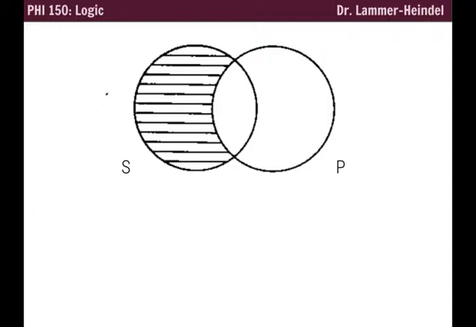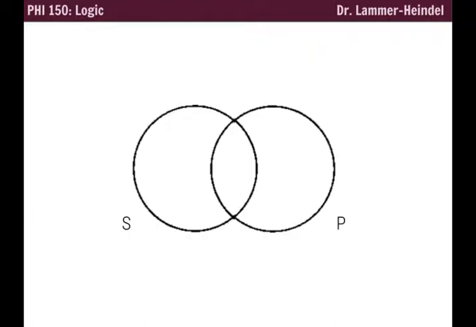So I want to kind of walk through this. The first step, I think, is to recognize where we're going to be doing our work. The contrapositive says that all non-P's are non-S's. So the subject of the proposition is the non-P's. Now, the area that is non-P's is everything that is outside of the P circle.